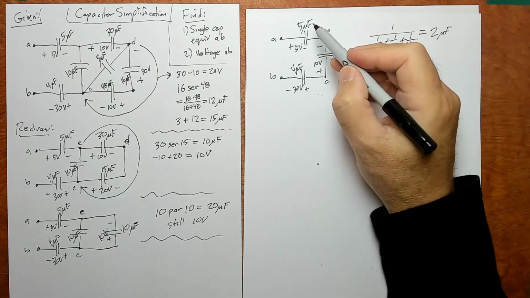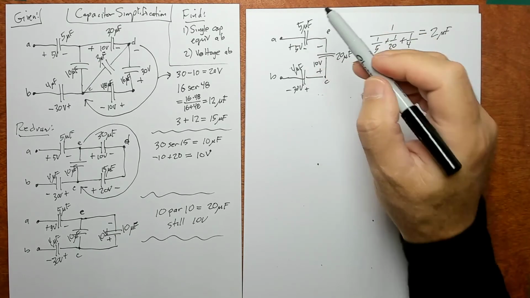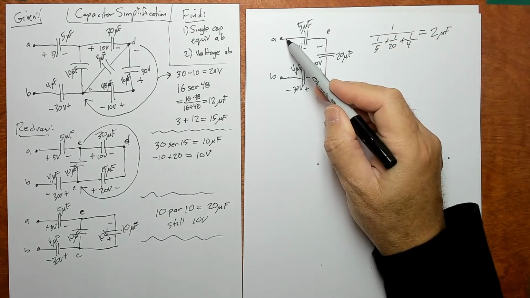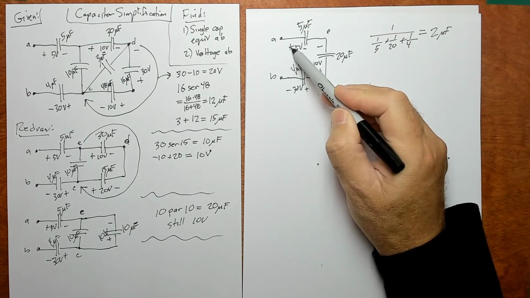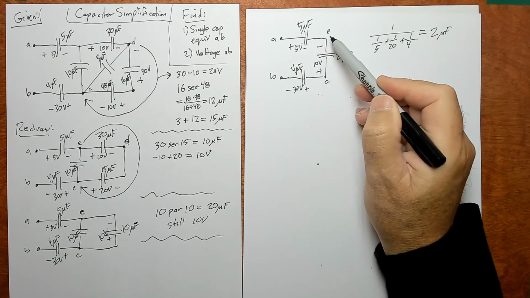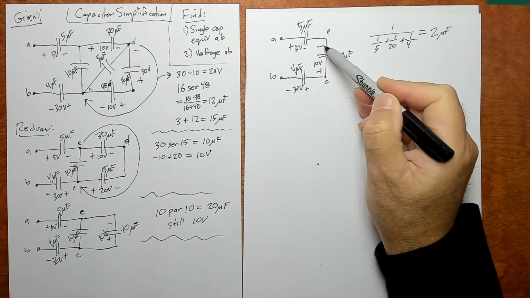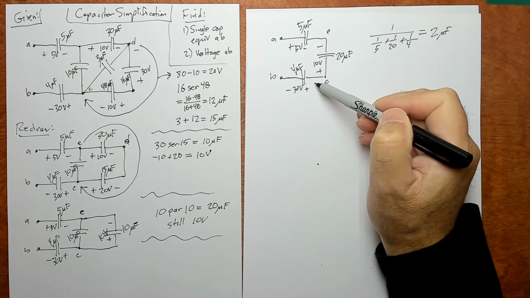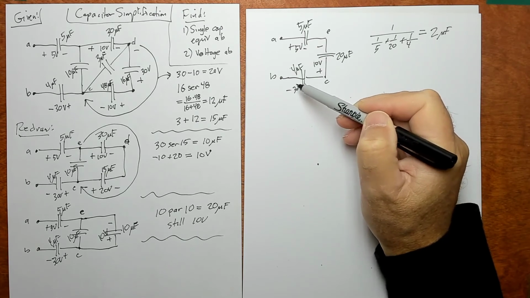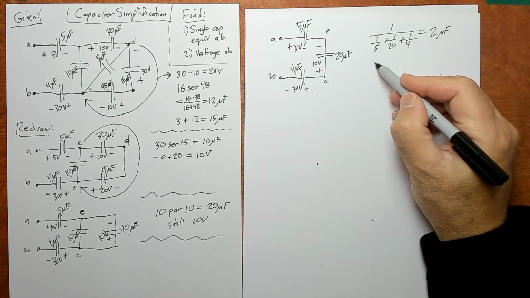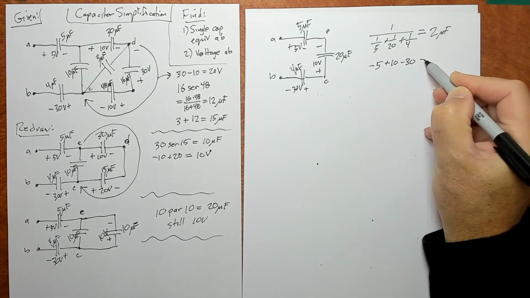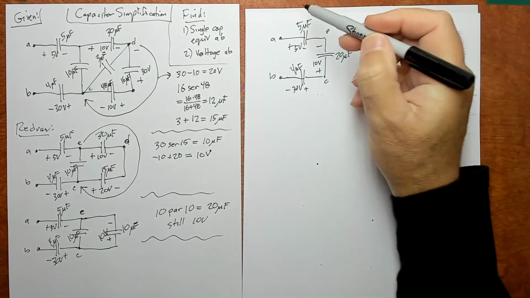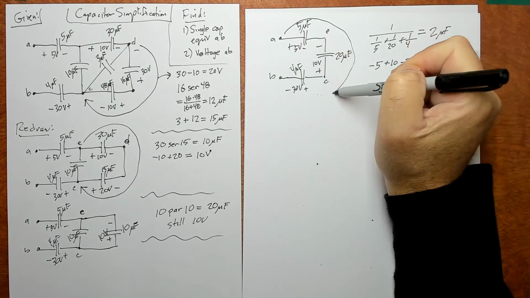And then the voltages, we can just sum them. So here we're dropping 5 because we're going from plus to minus, so that's going to be minus 5, and then we're rising 10 because we're going from minus to plus, and then we're dropping 30, so it's going to be a negative 30. So the voltages work out to be minus 5 plus 10 minus 30, or minus 25 volts, going around this way.